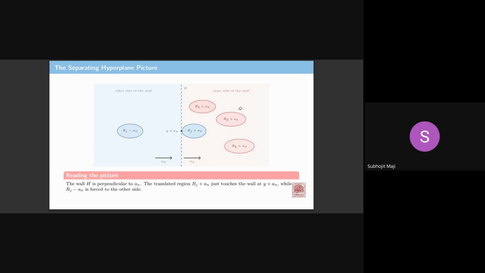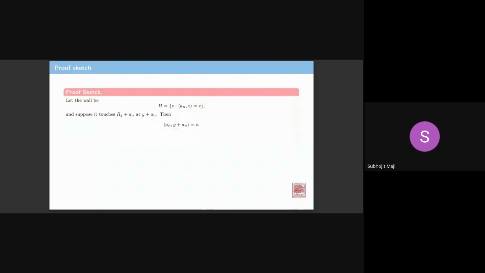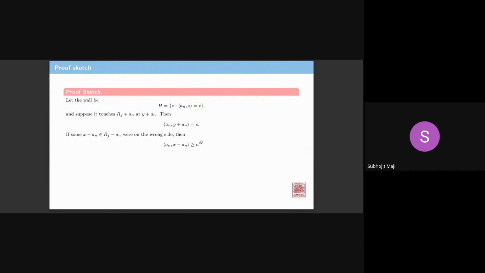I can define this part of the region to be greater than or equal to c, the inner product in mathematical terms. So if it were on the wrong side, then there would exist some point x in Rj, so that x minus AN is in Rj minus AN, and the dot product of AN and x minus AN was greater than or equal to c.